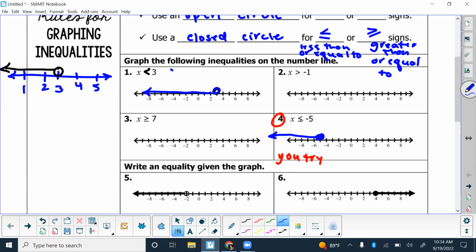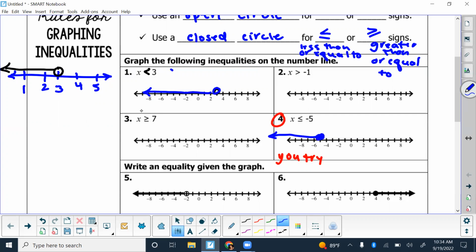So like, is -6 less than -5? Yes, it is. So then we went the correct direction. Make sense?